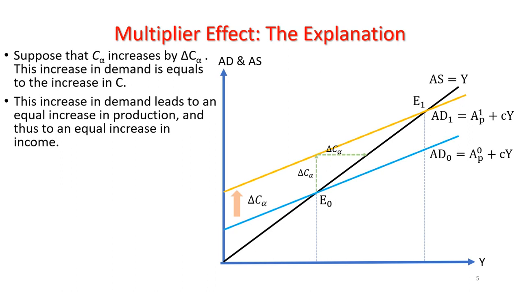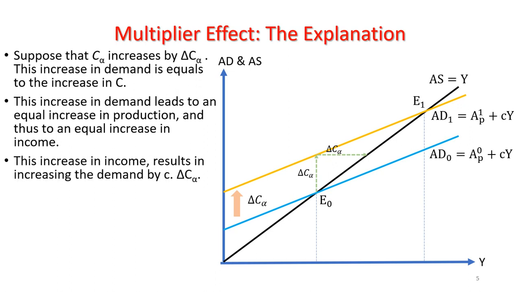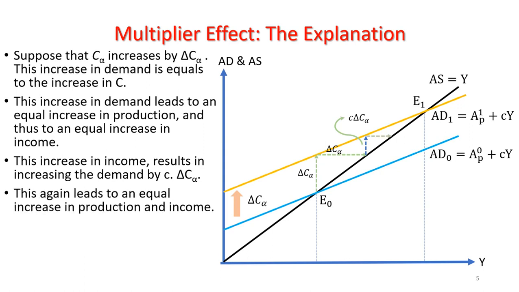This increase in income further stimulates the demand and results in increasing it by C times delta C alpha, where this C is marginal propensity to consume, which represents the change in consumption due to 1 unit change in income. This increase in demand again leads to an equal increase in production and income as shown.